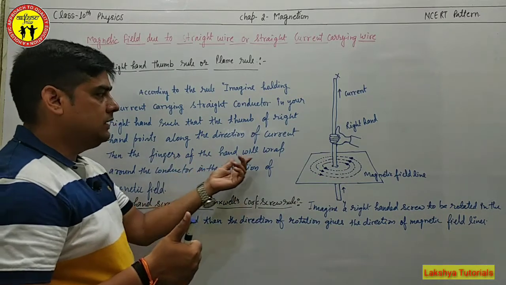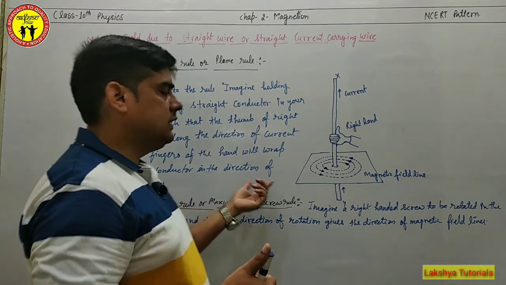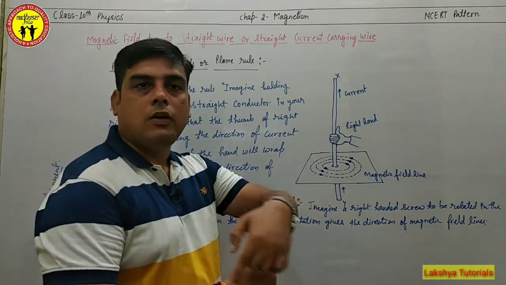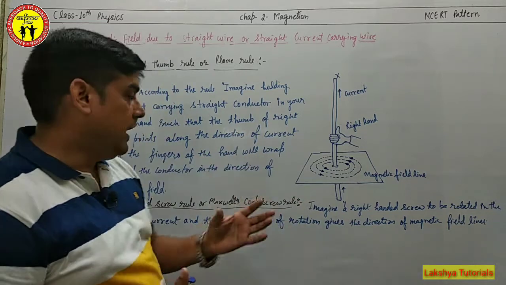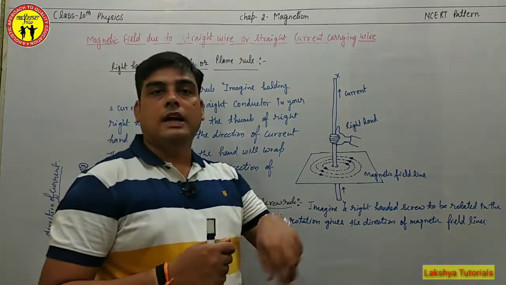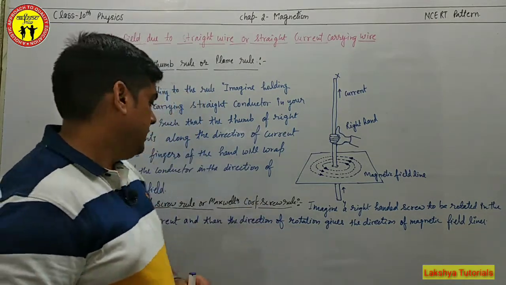Fingers of the hand will wrap around the conductor in the direction of the magnetic field. जो fingers की wrapping है, वो around the wire magnetic field की direction होगी. That shows the direction of the magnetic field around the wire.